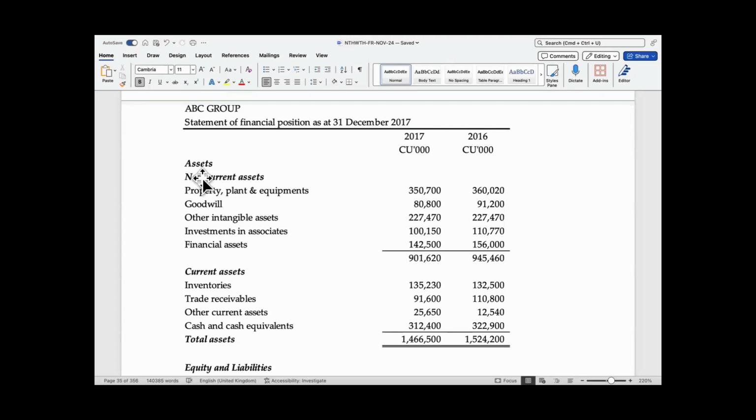When you look at these non-current assets, we started from PPE, goodwill, then it comes down. Then before we get to current assets: inventories, trade receivables, other current assets, then eventually cash. Cash is the one that came last, okay?